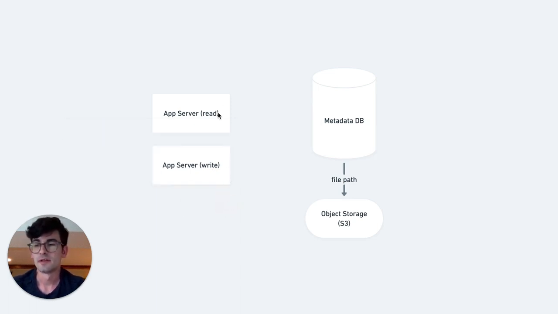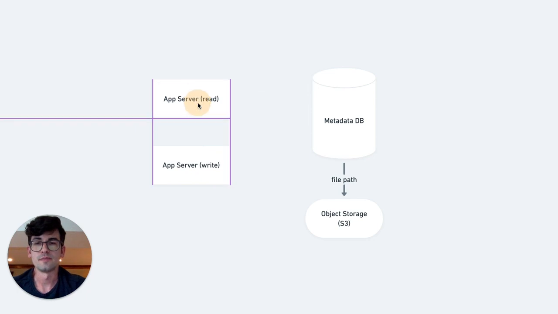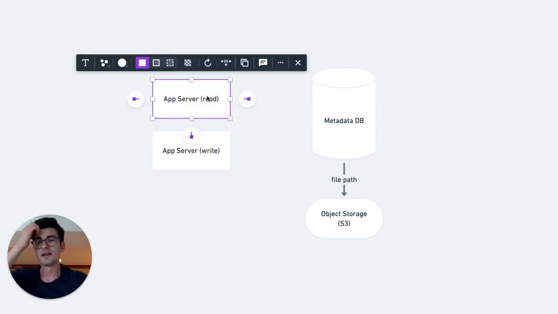They might require different types of caching and other things. So for example, for our read service, we might implement caching between the database and the app server, like in-memory storage like Redis. This would allow us to return frequently accessed data much faster than making a request to the database every single time.